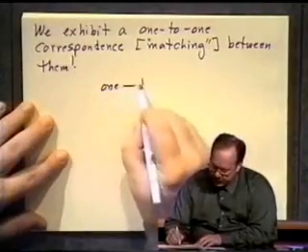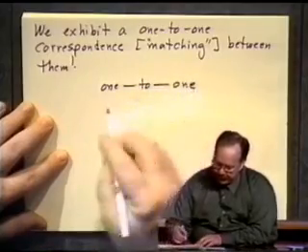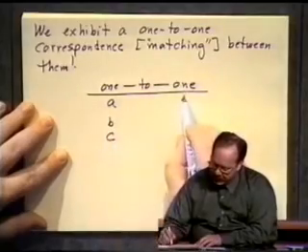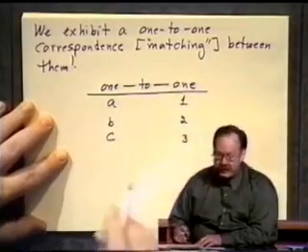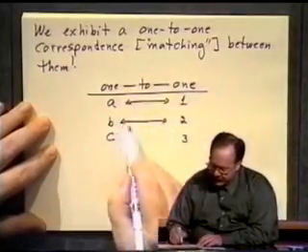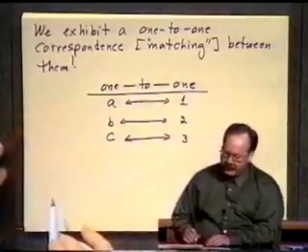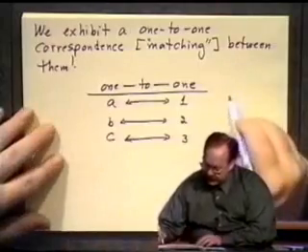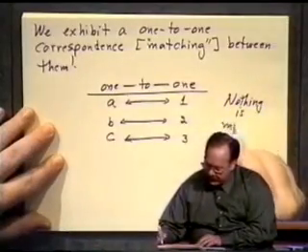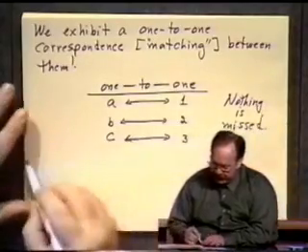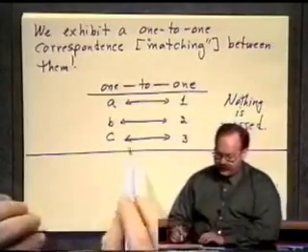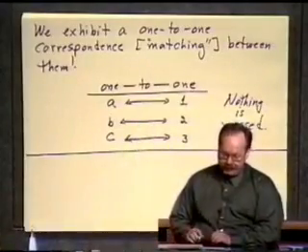We list on this side the A, the B, the C, and over here the elements of the other set, 1, 2, and 3, and here is the matching. Let's suppose A is matched with 1, B with 2, and C with 3. Nothing is missed. Okay, that is the point. And so by that simple argument, that's how we know that two sets have the same number of elements. There is a correspondence we can make between them.